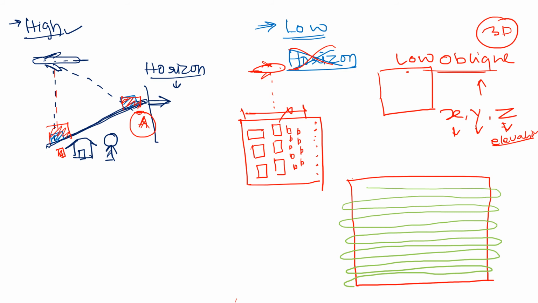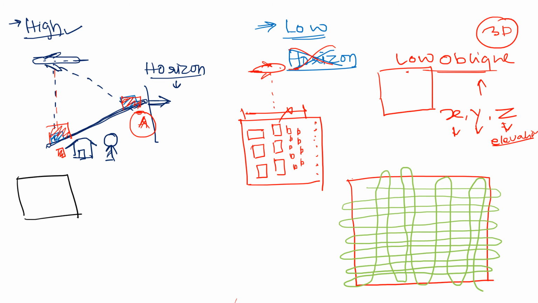Then, to get accuracy, the flight will also move in this direction, so we cover each and every component of the building. We do this with something called overlapping. I already explained it, but let me repeat it once again.